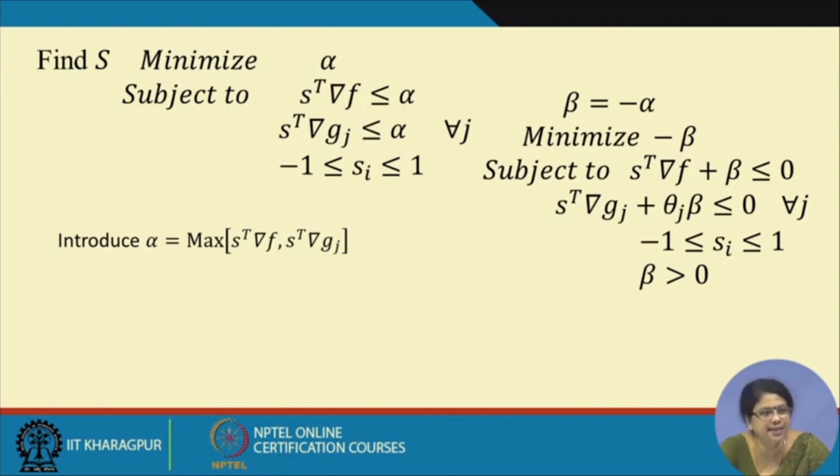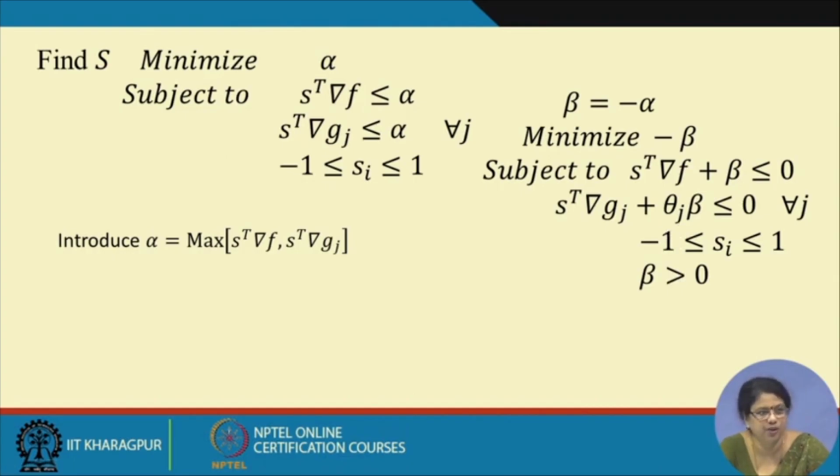If theta is equal to 0 means what? The constraint is tangent. That is why in other cases theta j will always be greater than 0, it cannot be less than 0. Less than 0 theta j is impossible. Okay? That is why this push factor we have considered with beta only by taking theta j as greater than 0.